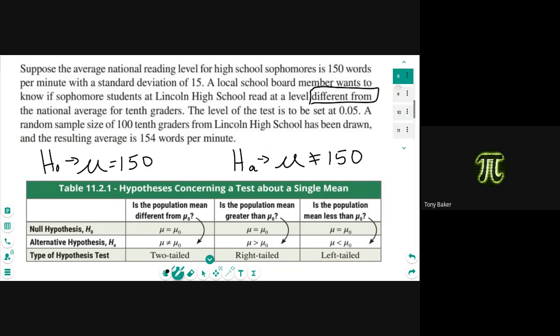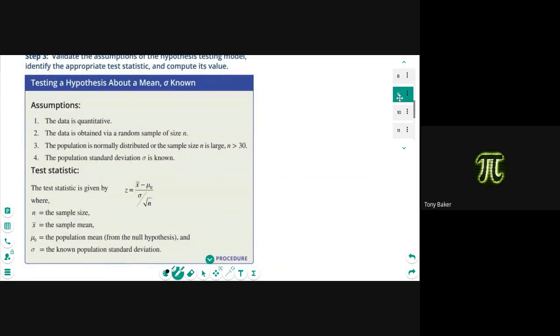Okay, next step. Just like we did in chapter 10, we now have to go through and do our calculations to find the z-score. What pieces of information do I need to find my z-score?